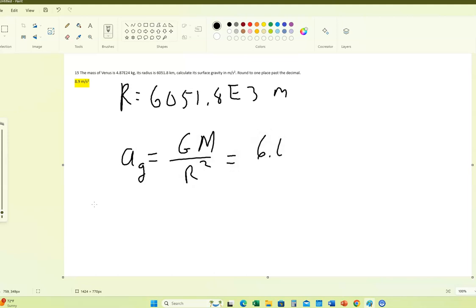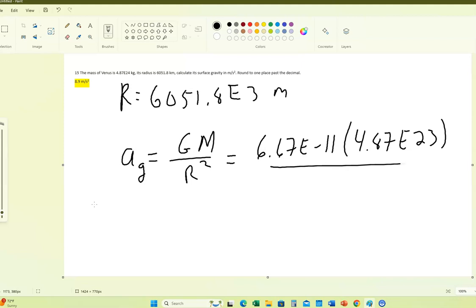It's going to be 6.67 times 10 to the minus 11th times the mass of, what is this? Oh, this is Venus. 4.87 times 10 to the 23rd. All right, that's in kilograms, divided by the number that I just calculated.